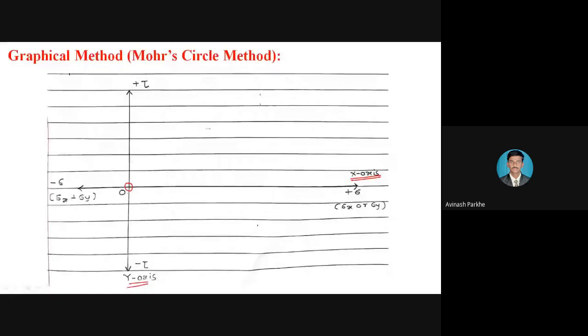The right side of the origin represents the positive, and the left side of the origin represents the negative. Similarly, the top portion of the origin, above the x-axis, is positive, and below the x-axis is the negative region.